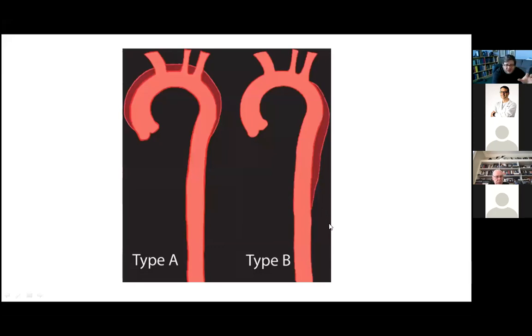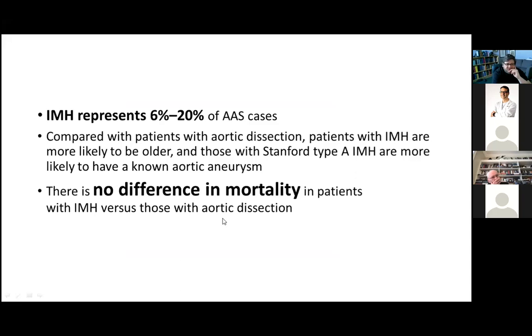But I do want to remind you that IMH is classified just as dissection is classified. Type A IMH involves the ascending aorta; any involvement of the ascending aorta is automatically type A IMH, and only involvement of the descending aorta is considered type B IMH. This has certain implications for how we manage these patients.